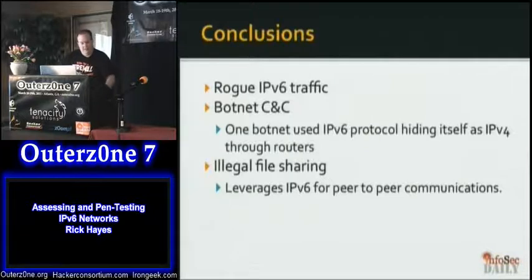Another one, so we talk about it's known and it's out there, so you've got that rogue traffic, the stuff that you don't know about, specifically those bots, the CNC type stuff that was using V6. One botnet specifically used V6, hiding itself as IPv4 so that it could make it through routers and nobody was the wiser.